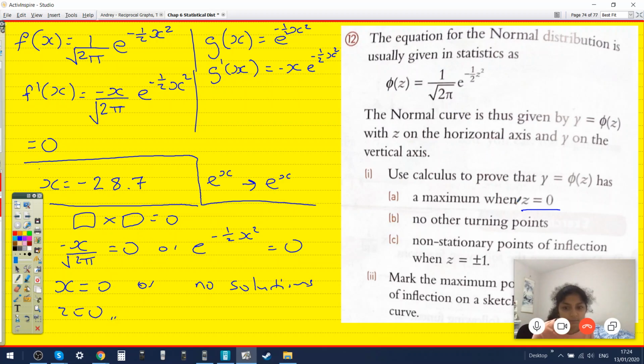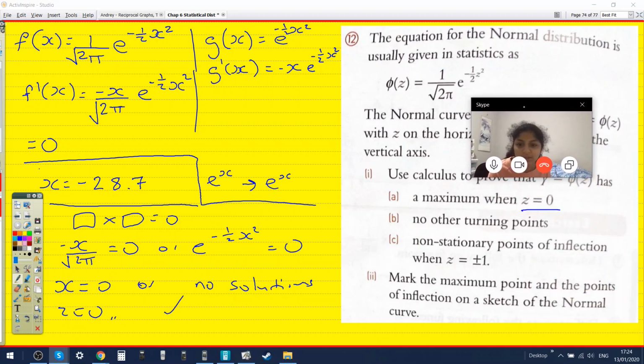Okay. Why did they make me do that? Okay, there's no other turning points. Yep. True. Non-stationary points of inflection. Points of inflection is when the second derivative is equal to 0. Did I get that right? The gradient should also be 0. No other turn.